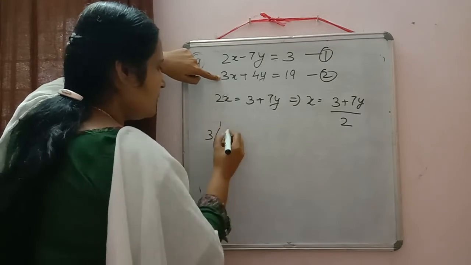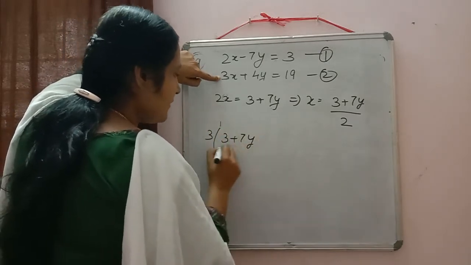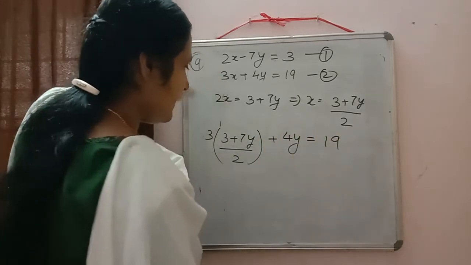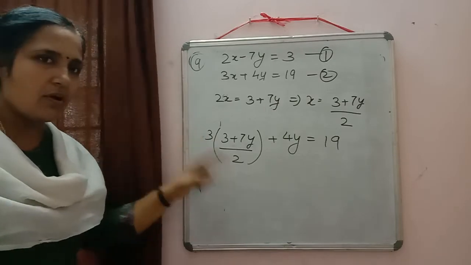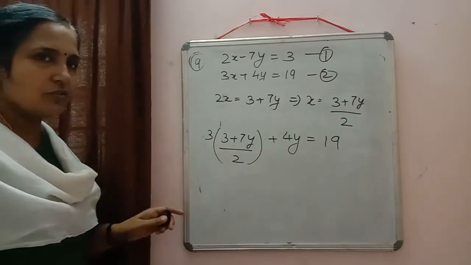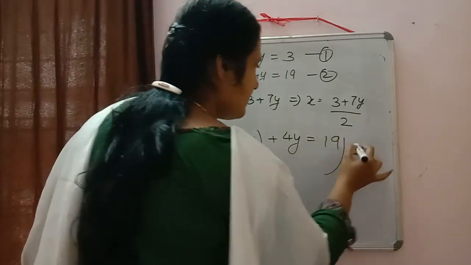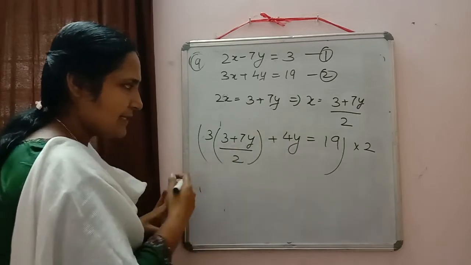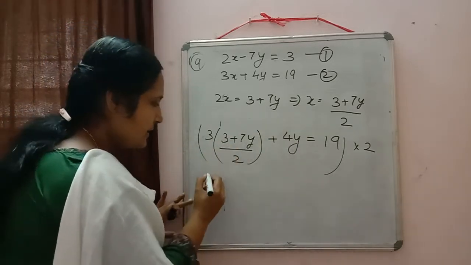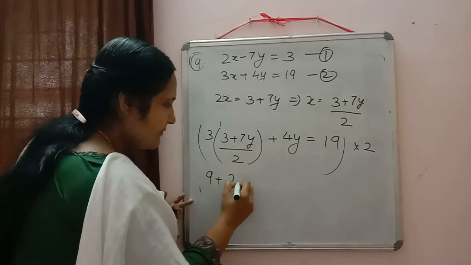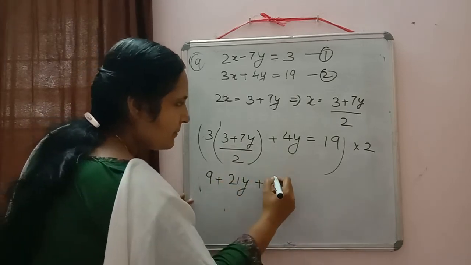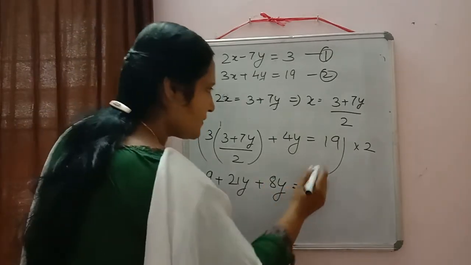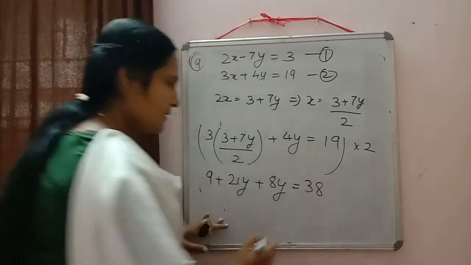So we will have 3 into (3 plus 7y) by 2 plus 4y is equal to 19. Again the 2 and 3 here will not get cancelled. So to cancel, we will multiply the whole equation by 2. So the 2s will get cancelled. 3 we can multiply inside: 3 3s are 9, plus 3 7s are 21y, plus 4y multiplied by 2 is 8y, is equal to 19 2s are 38.